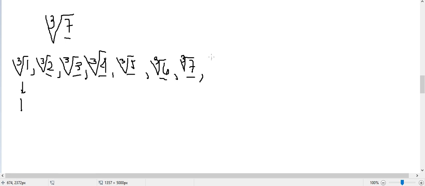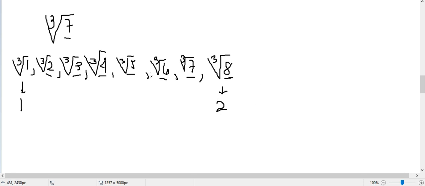How about cube root of 8? 8 is a perfect cube, and that is 2.